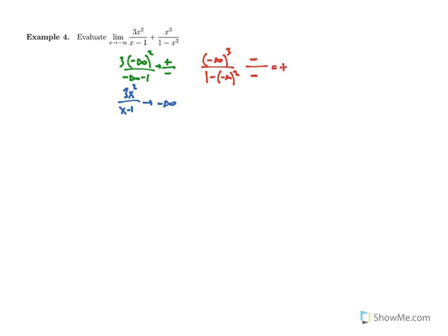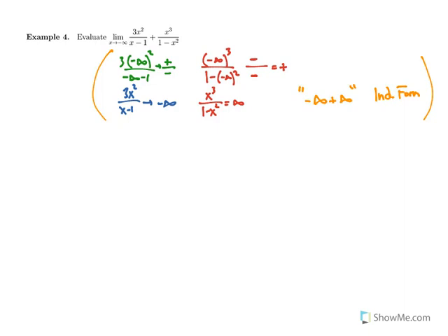That's a positive number, so that means that x cubed over 1 minus x squared is going to go to positive infinity. So the form that we have here is negative infinity plus infinity, and that is an indeterminate form, same as infinity minus infinity. That's just a lot of work to show that we can't really figure out the answer just by plugging in the value. So let's try to simplify this algebraically and see what we can do.